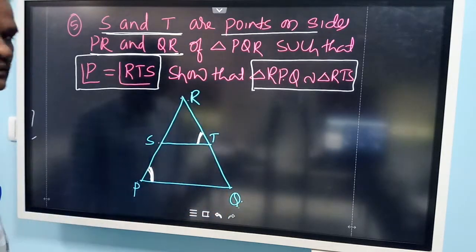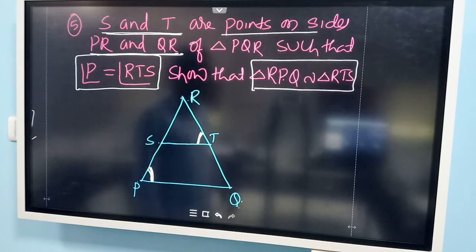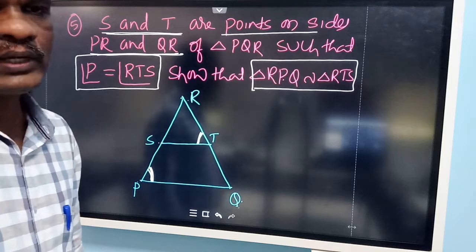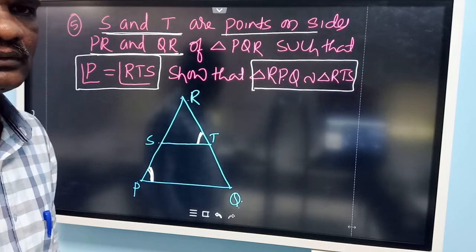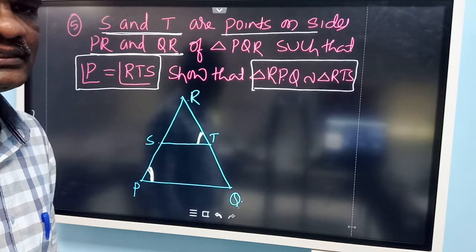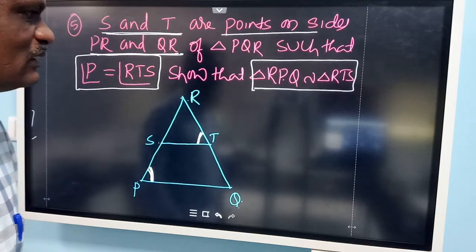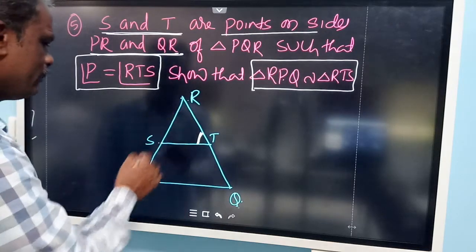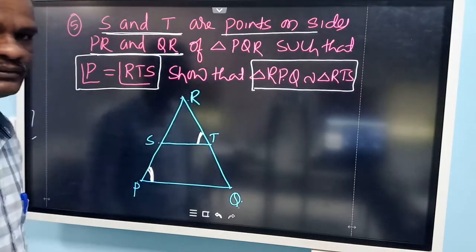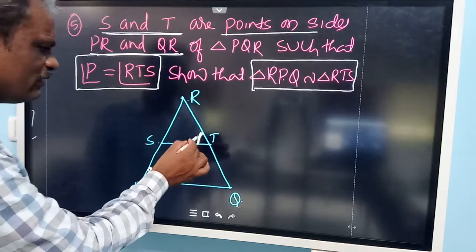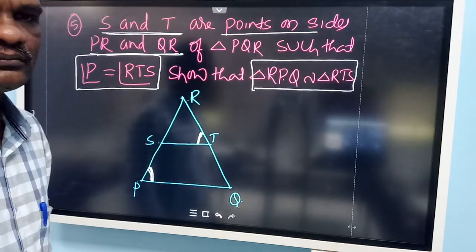RPQ, RTS. To show that the two triangles are similar, at least you have to show two angles equal. Which one can you use here to show that RPQ and RTS are similar? They have given one angle equal already. One more.